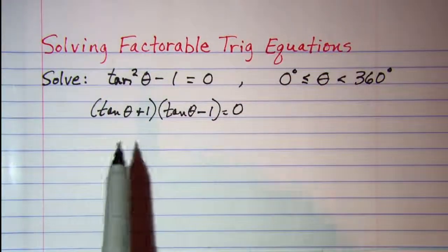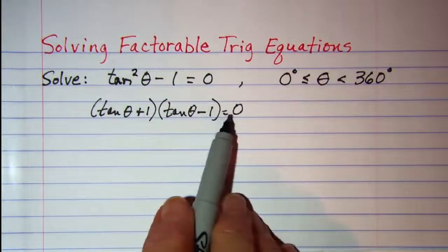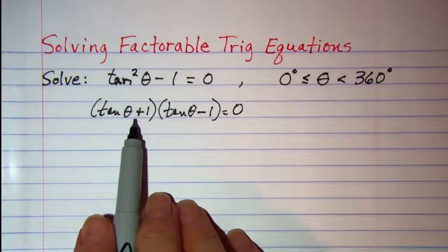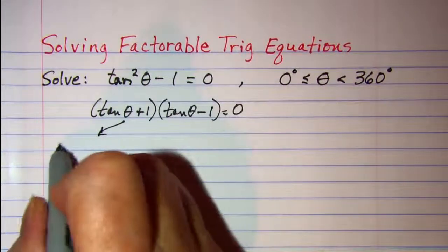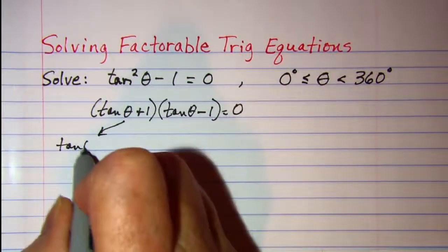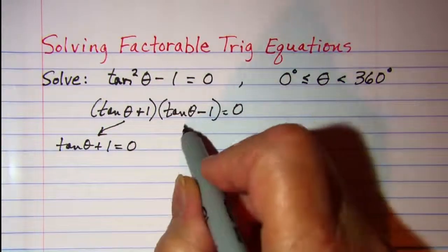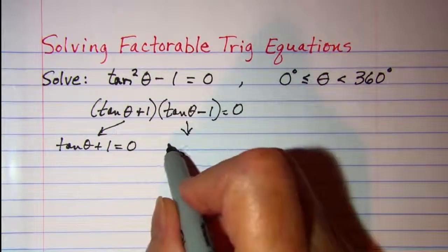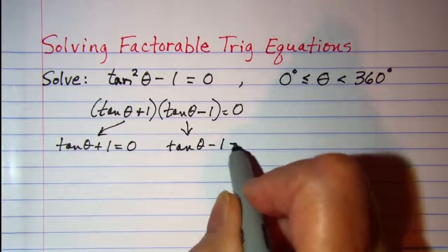Now whenever you have two or more things multiplied together and their product is 0, you can set each of those equal to 0. So here we have tangent theta plus 1 equals 0. And then this one also, we have tangent theta minus 1 equals 0.